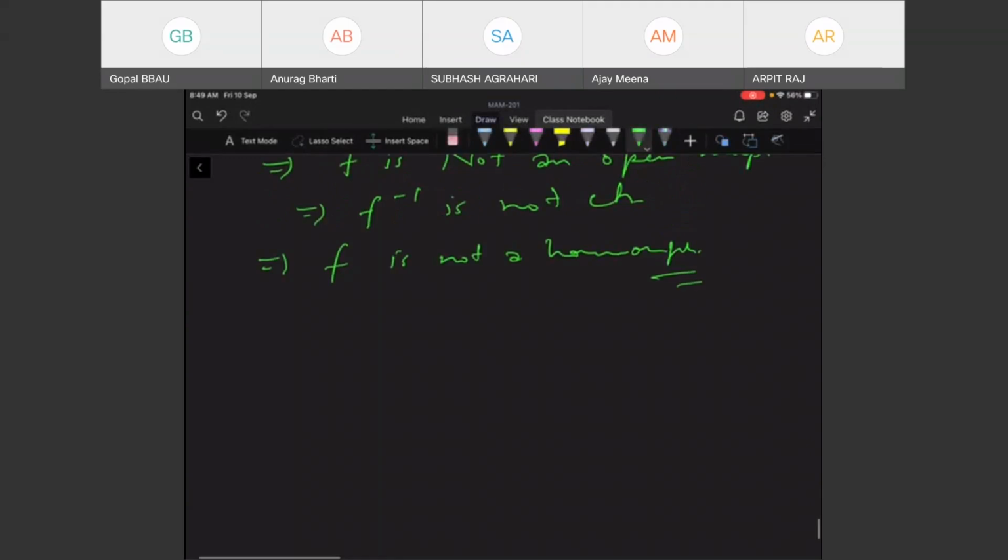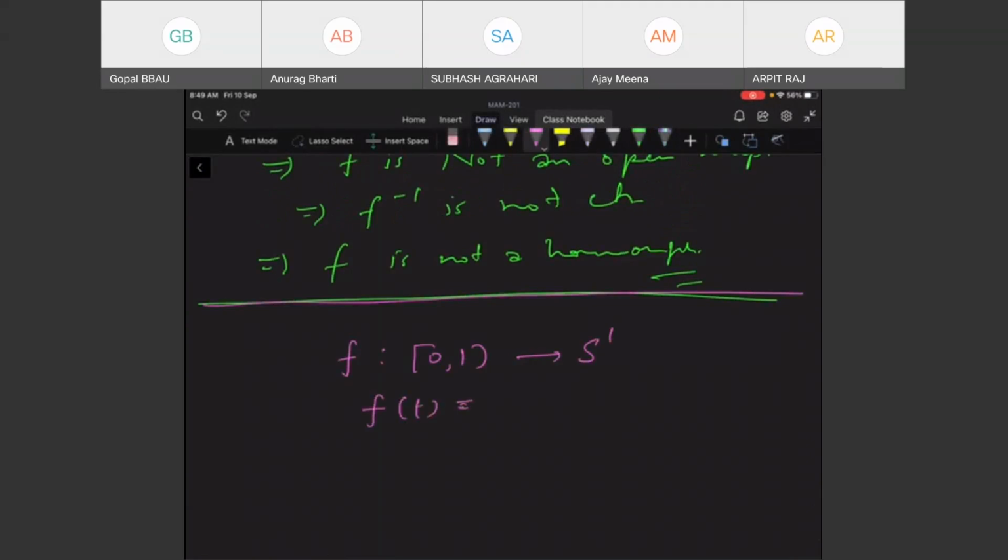So here is another observation for this example. What was our F? F is (0, 1) to S1 given by F(t) equal to (cos 2πt, sin 2πt).